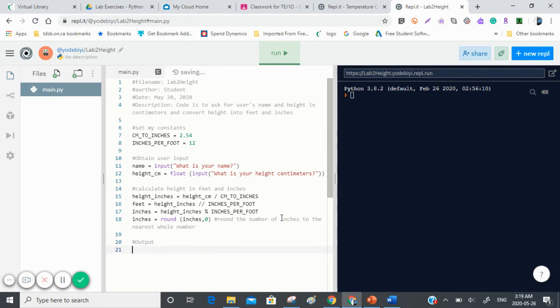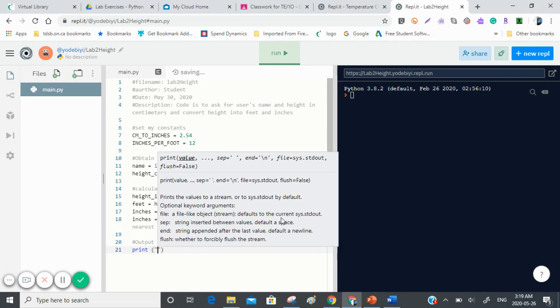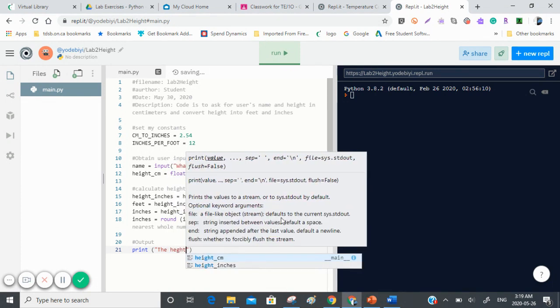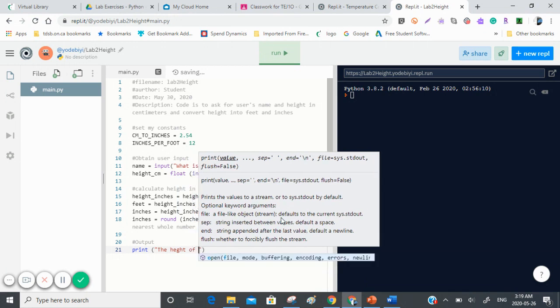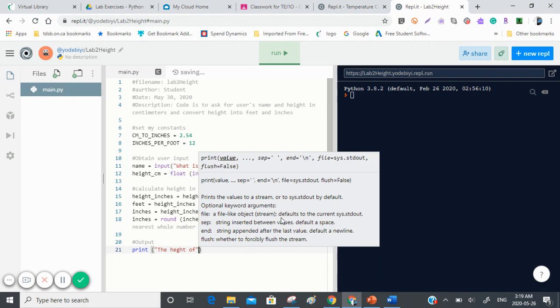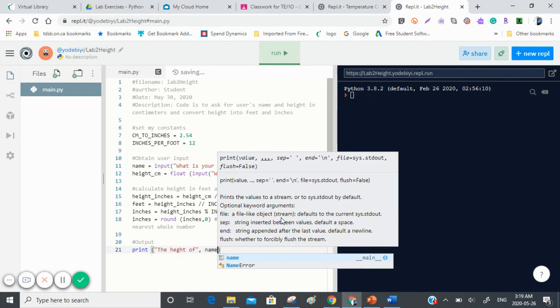Okay, so my next line, I'm going to type in output as the comment. And then here's what it's going to show as my output. So my print command, then quotes, the height of, you can see I put my quotes there, and then a comma, and I put name.